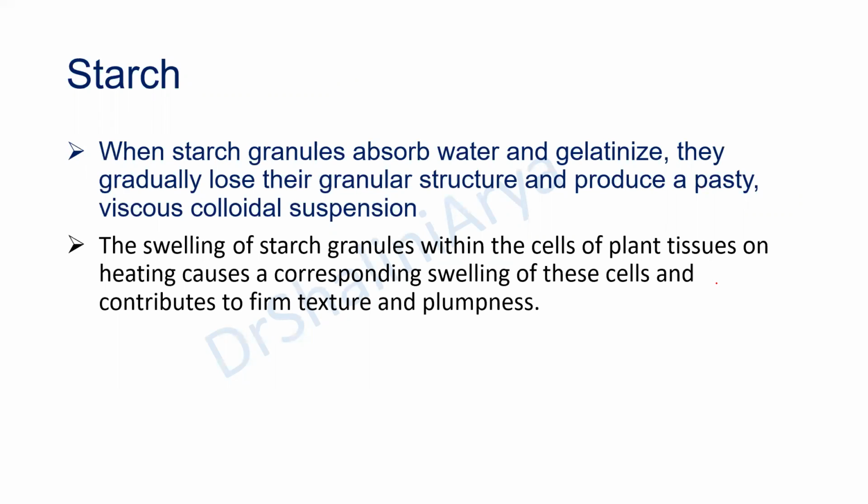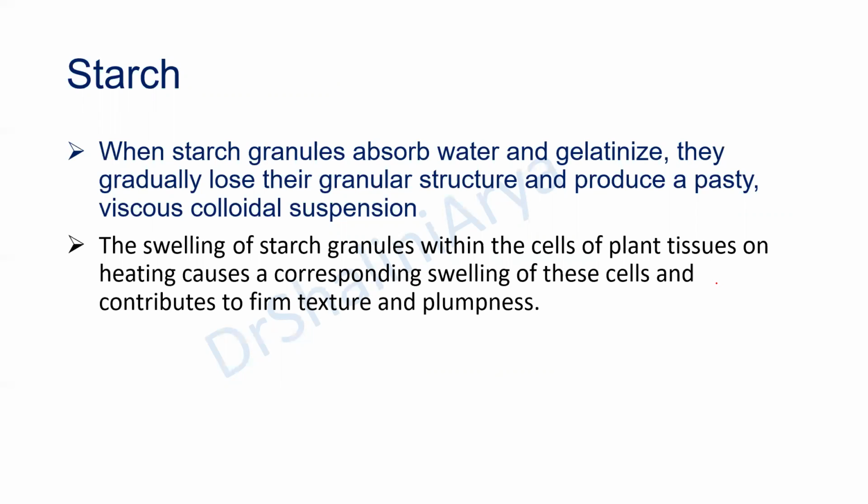The next factor that is also responsible for causing change in the texture is starch. As we have already seen, compared to cereal, fruits and vegetables contain really very little starch.